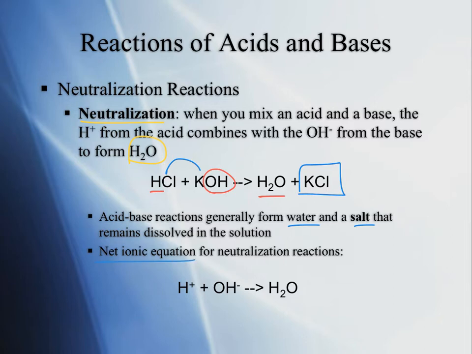So for neutralization reactions, every single time that you have a neutralization reaction, you are always going to be taking hydrogen ions and hydroxide ions and making water. And water is a liquid. That should be a lowercase l. So it's not going to be aqueous. It's going to be liquid water. So our net ionic equation for neutralization reactions is always H plus and OH minus react to form water.